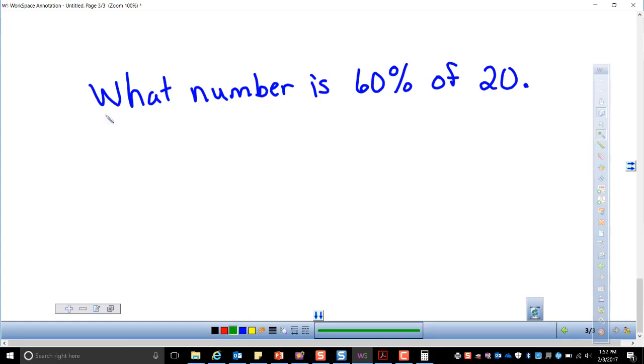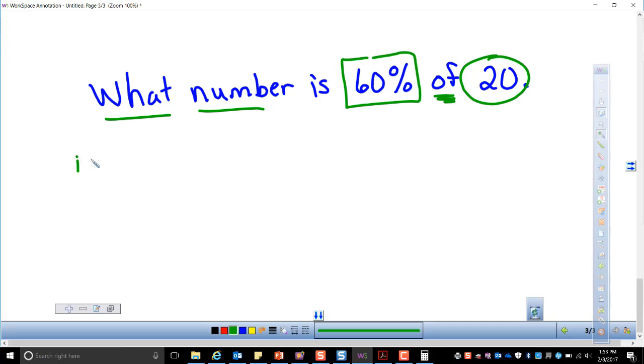So let's look to see what we have. What number, that's the question, is 60%, so this is a percent, of 20. So my proportion is is over of equals percent over 100. What number is?